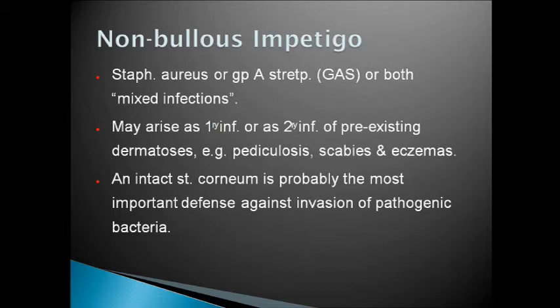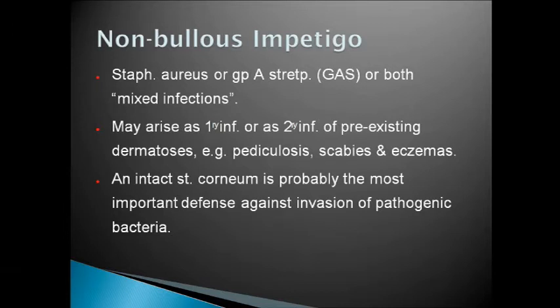Now impetigo is nothing but an infection of the superficial layer of the skin. So wherever there is abrasion or discontinuity of the superficial layer of the skin, like in cases of eczema, burns, scabies, pediculosis, or fungal infection, secondary infection can occur over the lesions, giving rise to impetigo. Mostly it is seen in the pediatric age group because of low hygiene.